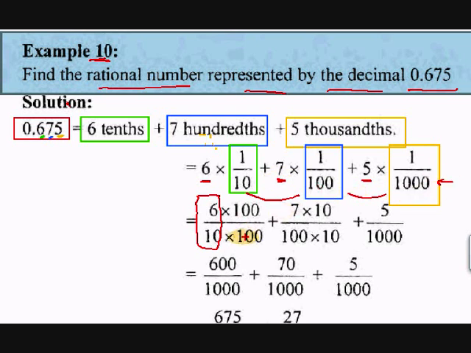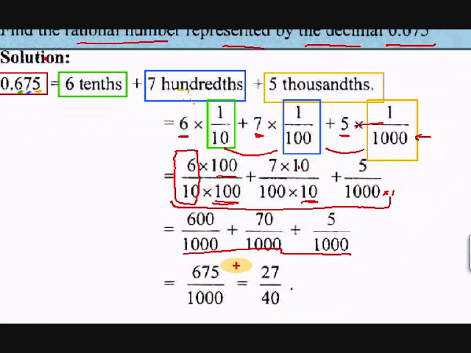So we multiply the first by 100, the second by 10, and here we don't have to multiply anything. So 600 plus 70 plus 5 is going to be 675, and the denominator is 1000.